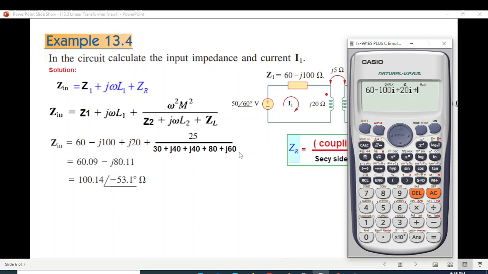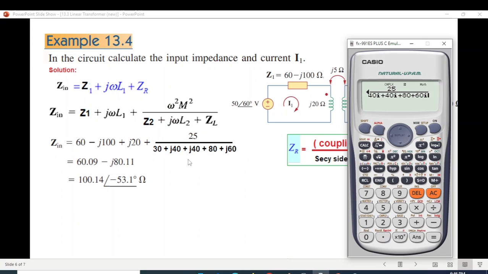Now plus this term. Now this is in fraction form, so we'll use this fraction button. 25 at the numerator, and then we come to the denominator and we enter all these values. So 30 plus 40i plus 40i again, plus 80 and plus 60i.